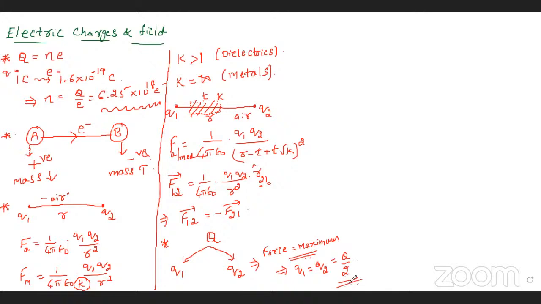So if the force between the two point charges is maximum, it means the charge has to divide equally, that is Q1 is equal to Q2, that should be equal to Q by 2. The force is going to be maximum if the two charges divide equally.